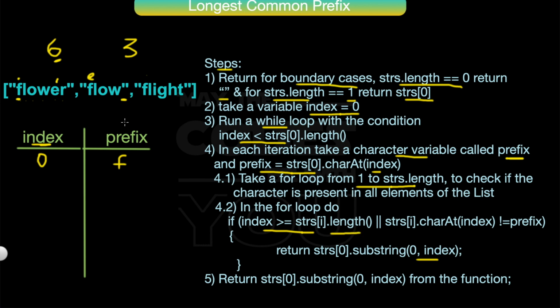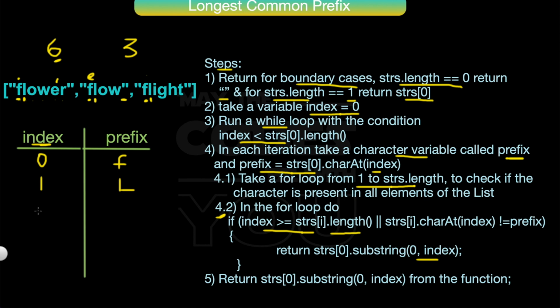This condition is not satisfied for this element, and this condition is also not satisfied for this element, so we'll move on to the next iteration and we'll increase our index to 1, and our prefix now becomes L. So let me draw the capital L for you, so that you guys don't get confused. So the L's here match, so we'll increment the index.